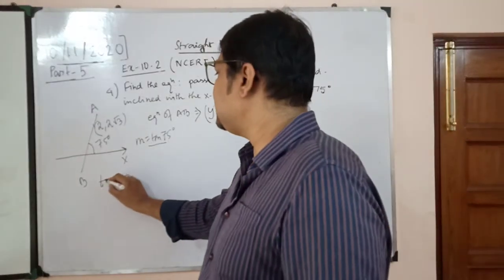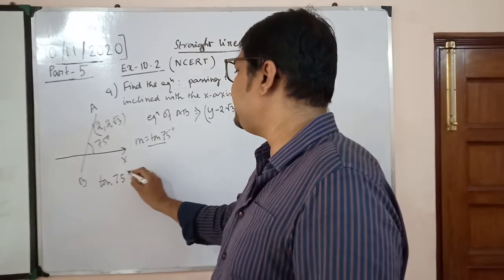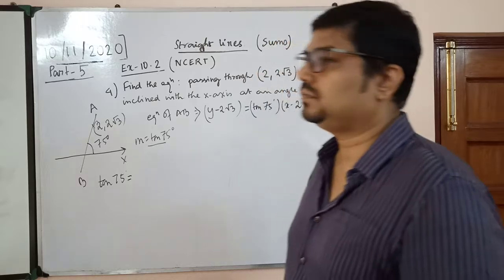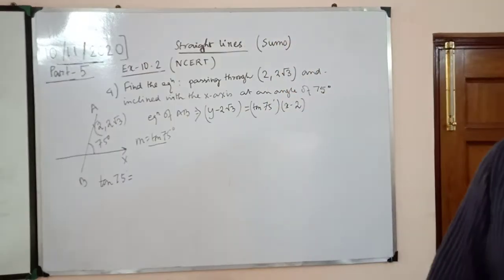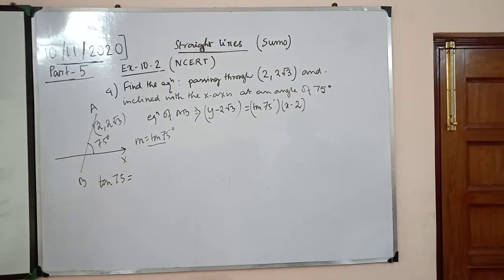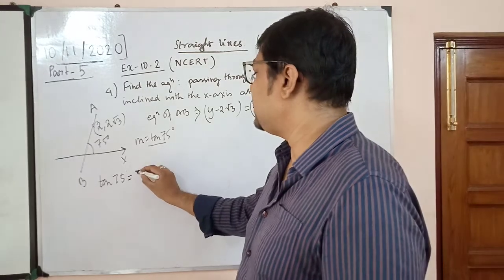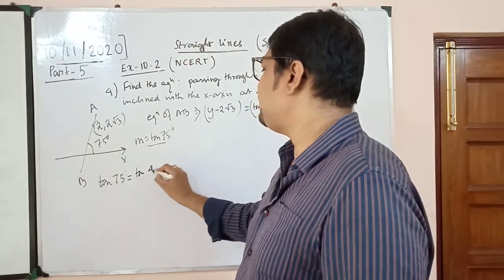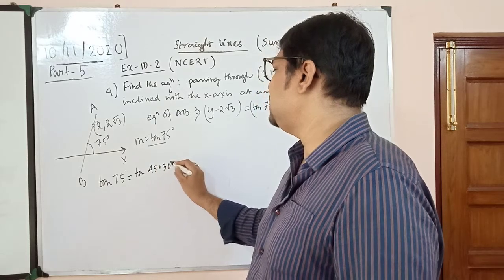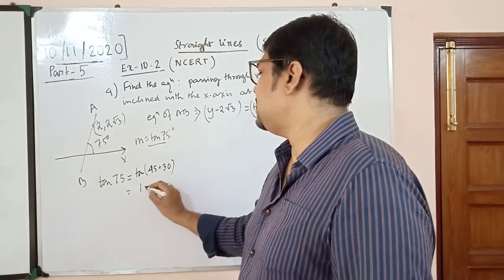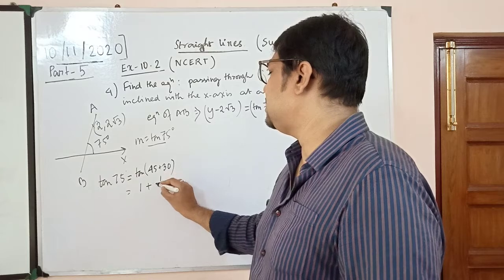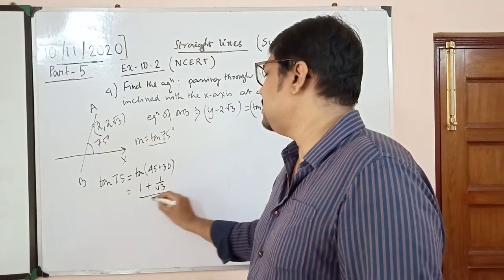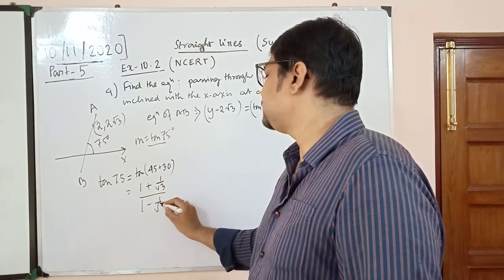So let us do that. Tan 75 is something you know, it's 45 plus 30 you can write. So that is tan of 45 plus 30, which is tan 45 plus tan 30, which is 1 by root 3, over 1 minus 1 by root 3.